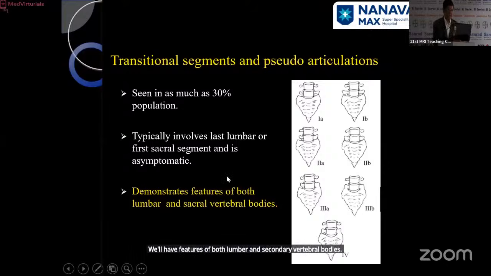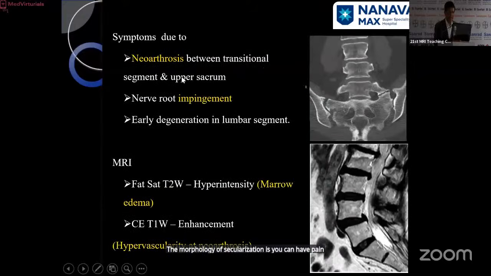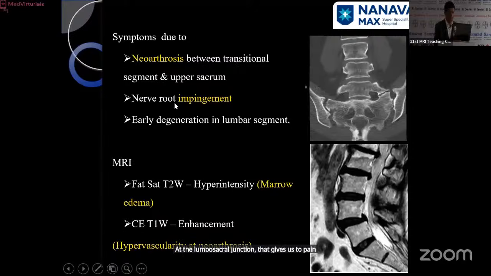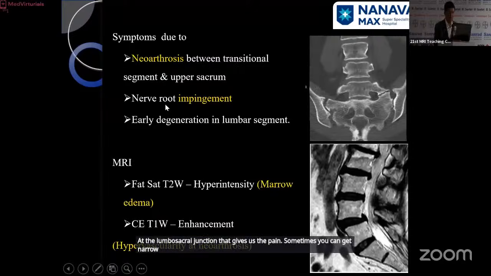Most of the times they are asymptomatic, but depending on how the morphology of sacralization is, you can have pain. And typically it happens because of pseudo-neoarthrosis, which happens at the lumbosacral junction that gives rise to pain. Sometimes you can get nerve root impingement and degeneration of the last mobile disc.